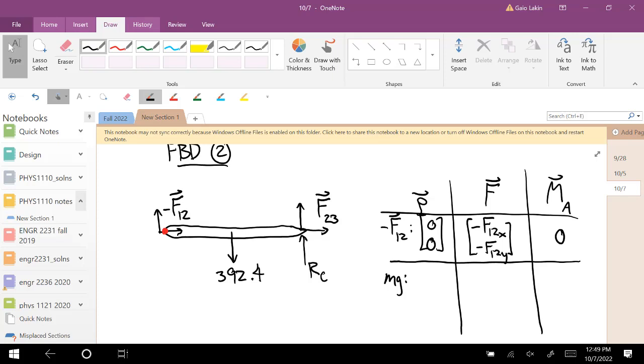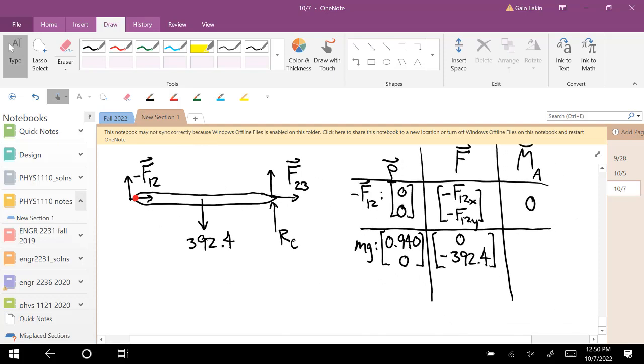So what's that, 1.88? Okay, and so halfway there is 0.94. The weight is 0, negative 392.4. What's 0.94 times negative 392.4?